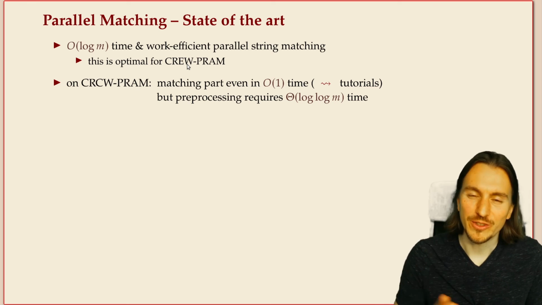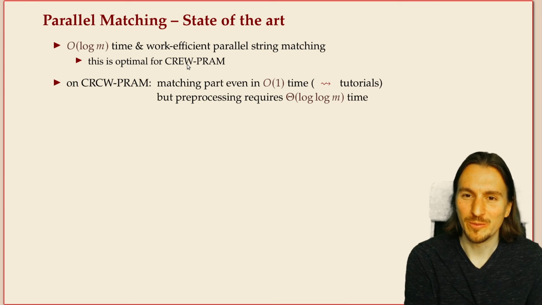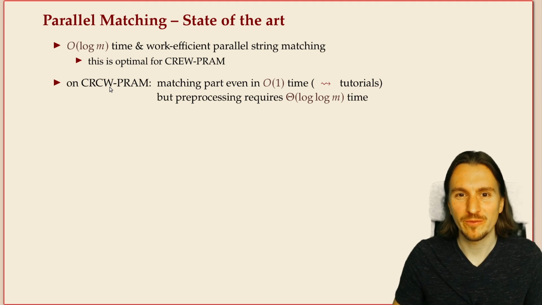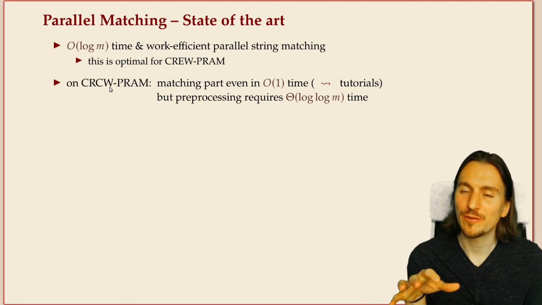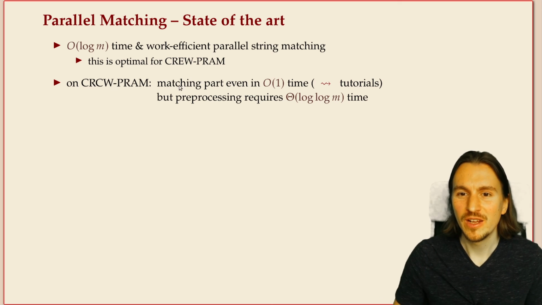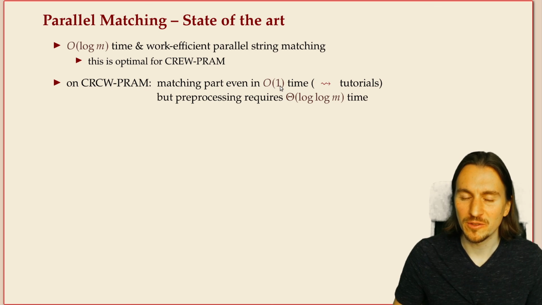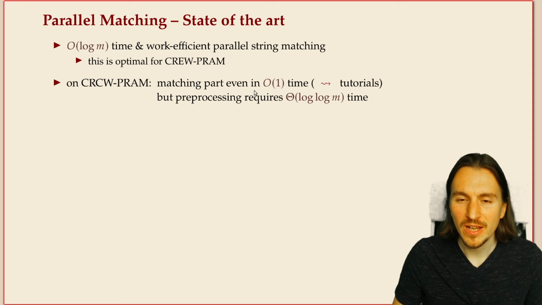The lower bound essentially comes from similar arguments as for the prefix sum. There is indeed, if you go to a different machine model, the concurrent write model, even in the weak form where all the concurrent writes have to write the same value, you can do the matching part in order one time. Again, this is exactly what you do in the tutorials.